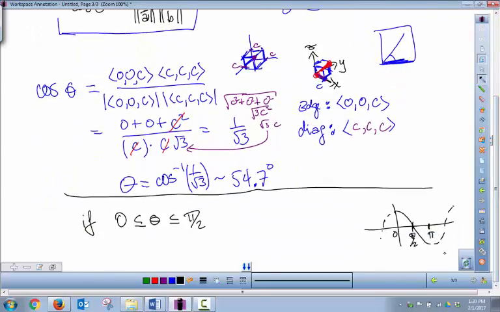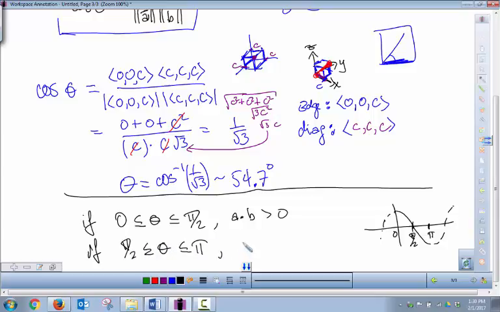And it turns out that if your angle is acute, then the cosine of theta is going to be positive, and therefore the dot product is going to be positive. And if your angle is obtuse, then the dot product will give you a negative value.